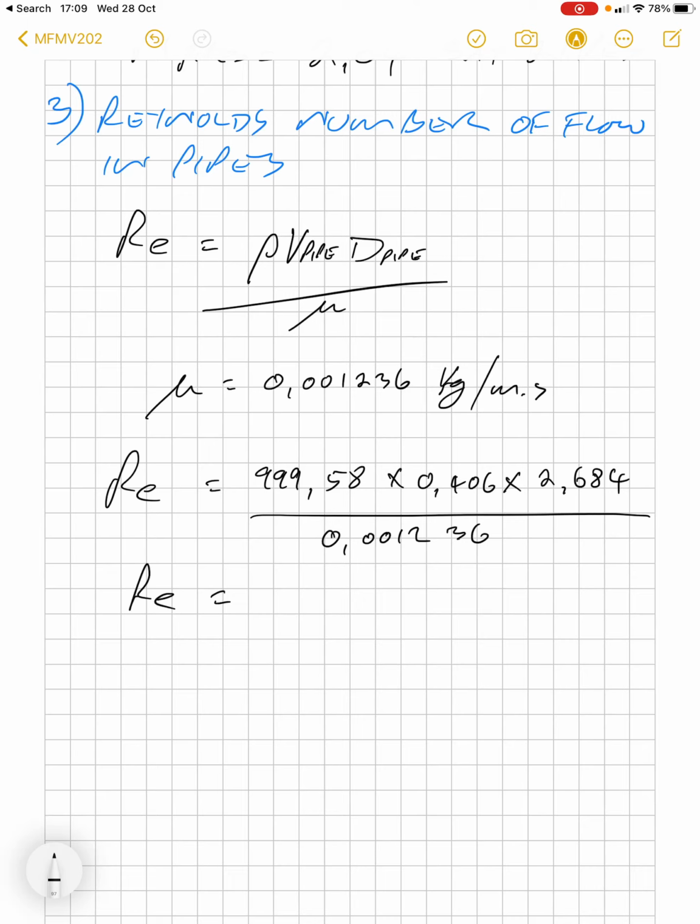And the Reynolds number then equals 881,267.